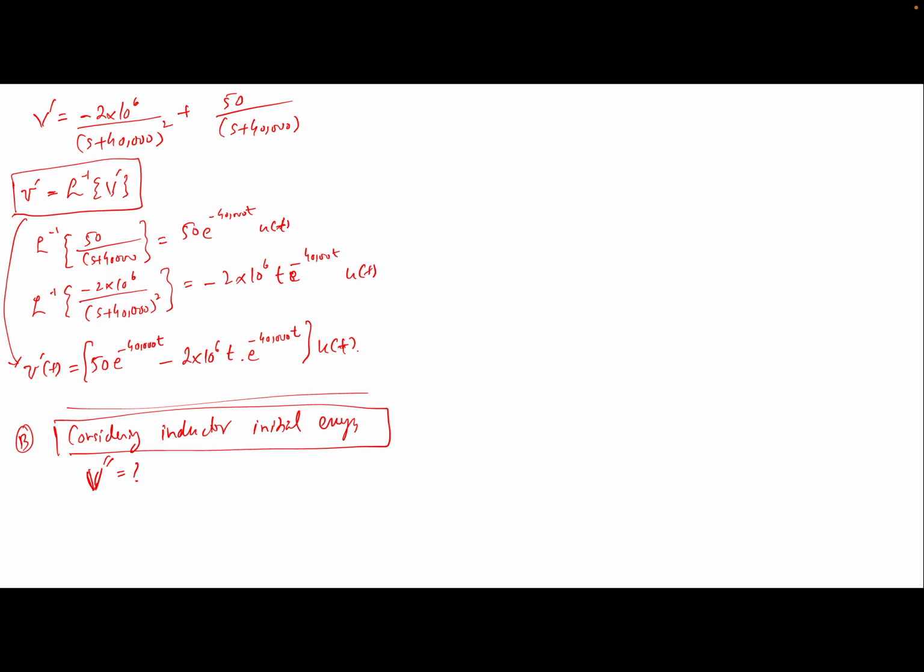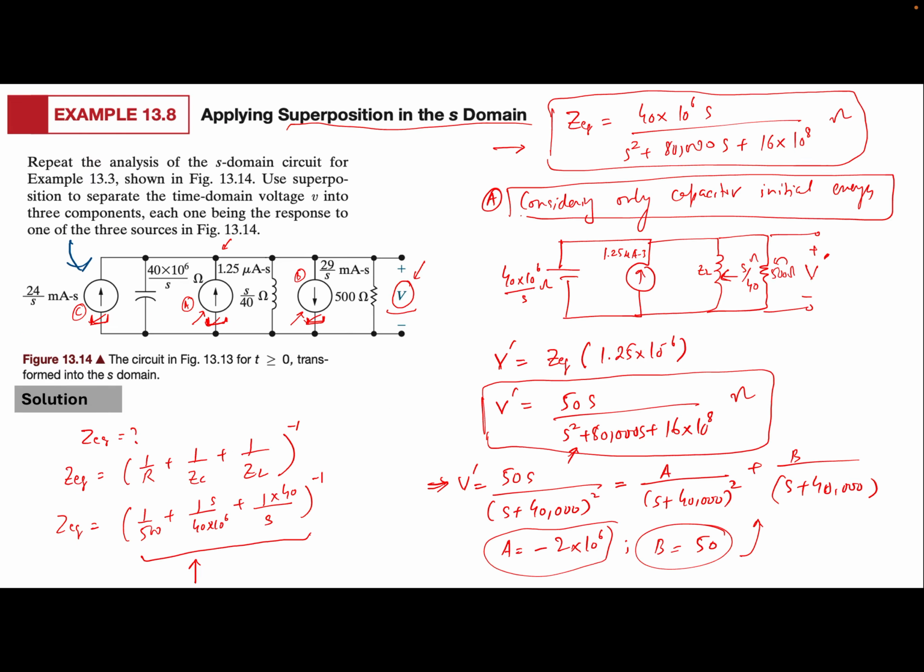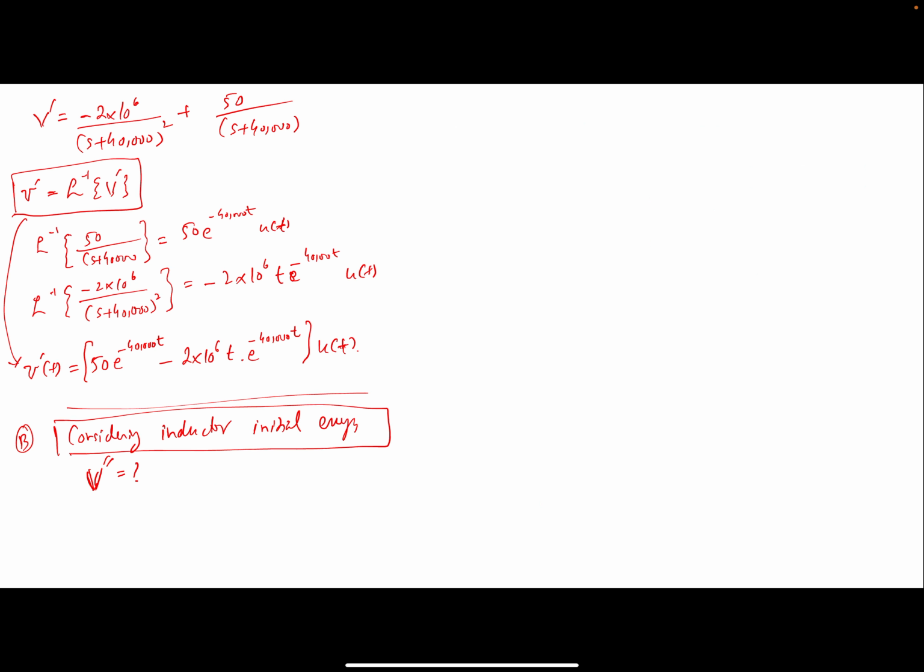So I am interested in finding V double prime. Okay, so if I'm gonna find V double prime, let's first make an equivalent circuit of that, right? Again, in the equivalent circuit, all the three elements are gonna remain the same, right? So first we're gonna have a capacitor, then we're gonna have an inductor, then we're gonna have this current source, and then we're gonna have a resistor, and then we're gonna have a V double prime.